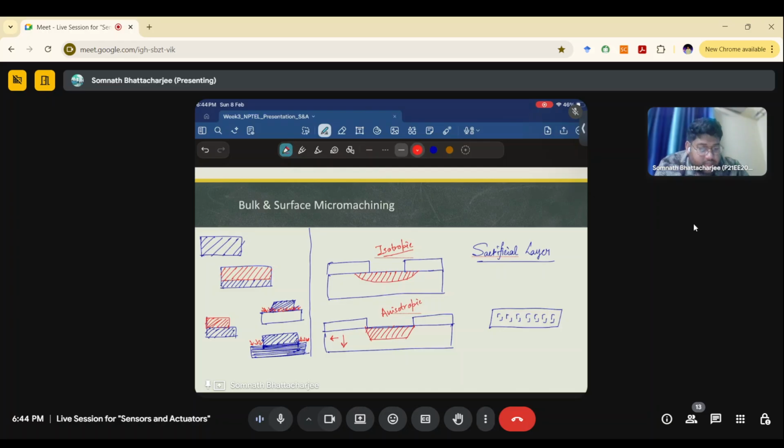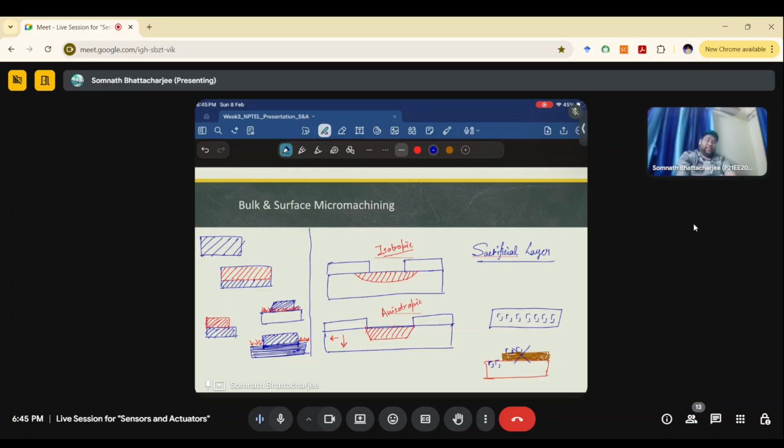So if this is your substrate or sample, you put a layer known as a sacrificial layer. It will just remove these patterned areas directly, and you will have patterns onto this substrate. After that you can remove this sacrificial layer and you won't have any pattern.